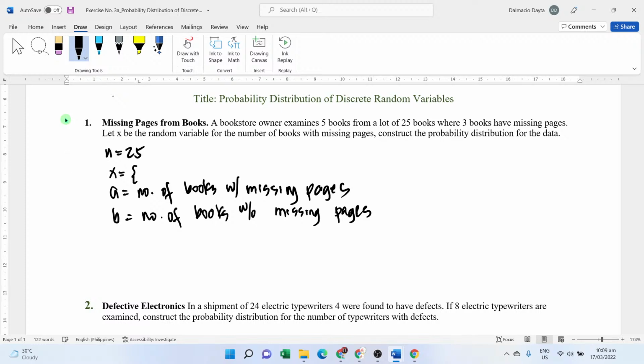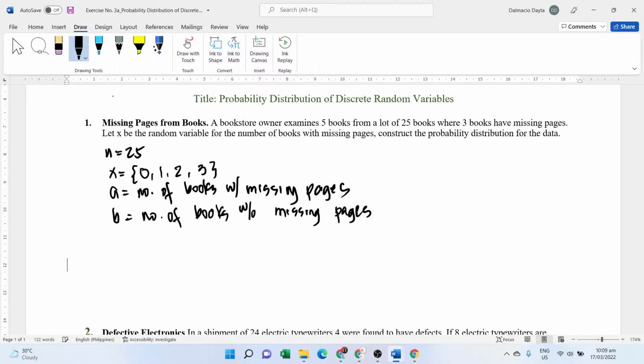Then the possible values of the random variable will be 0, 1, 2, and 3. When 5 books are examined, then it could be that none of these have missing pages, or one has missing pages, two have missing pages, and three have missing pages.